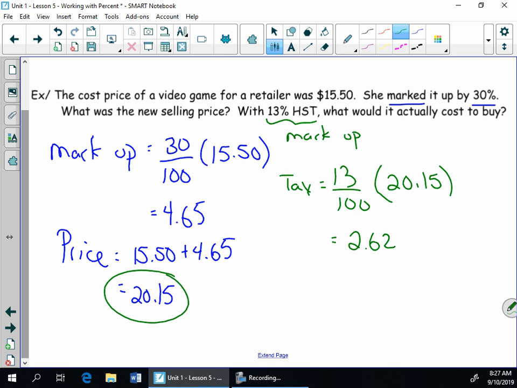I'm doing this in stages. It's $2.62. The actual cost would be the $20.15 we started at, plus the extra markup, the taxes, to come out to $22.77.